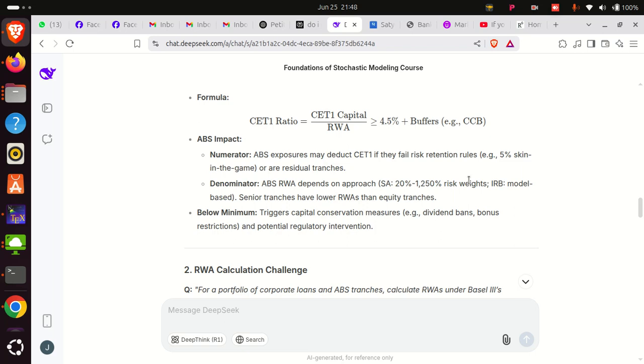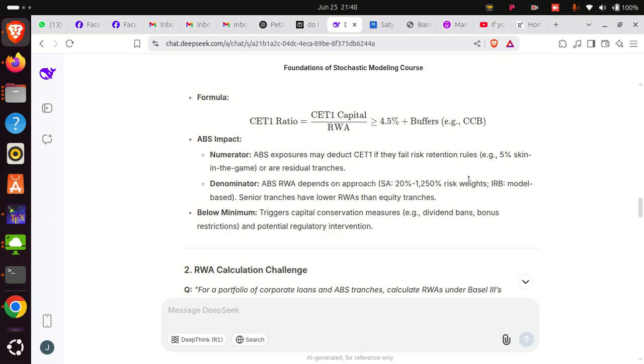So if your ABS exposure has a risk retention rule, which is you should have 5% skin in the game, and it's below that, or there are residual tranches, it will impact the numerator.